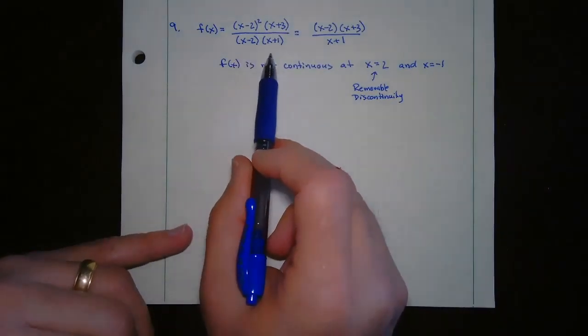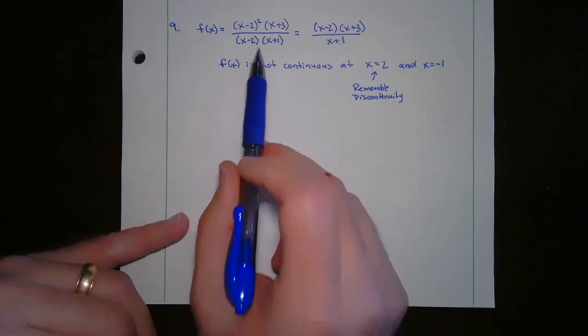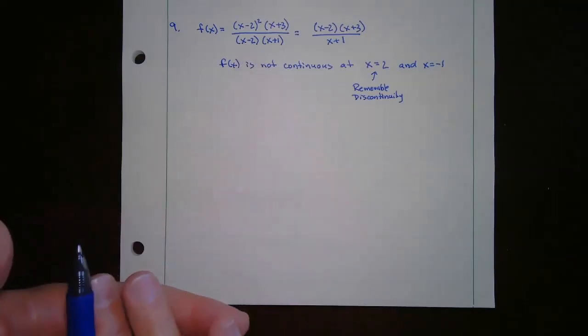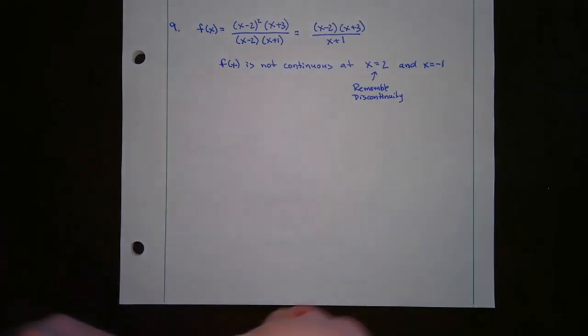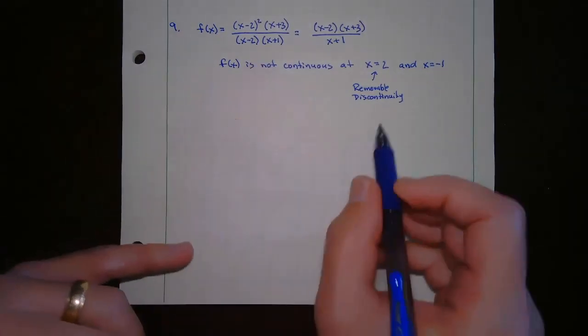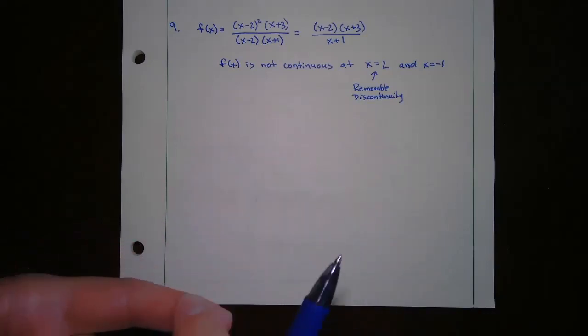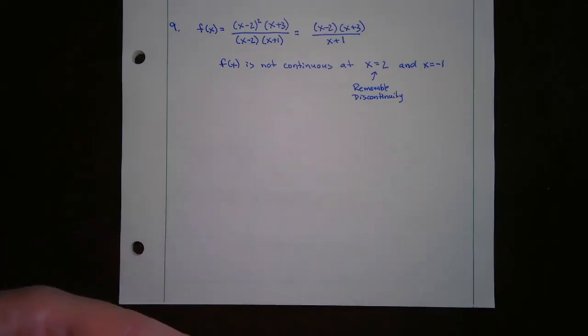F of 2 doesn't exist, but you could still find the limit. The limit exists. Let me go through just continuous. The definition of continuous is that the limit and the function have to be the same.